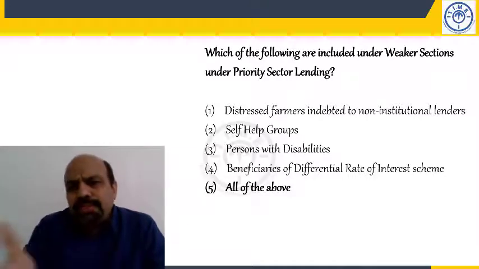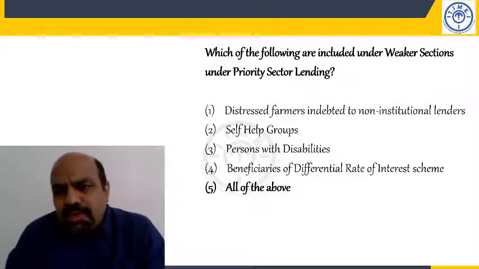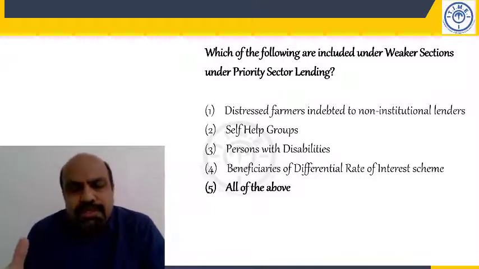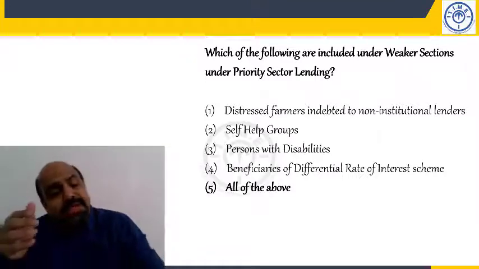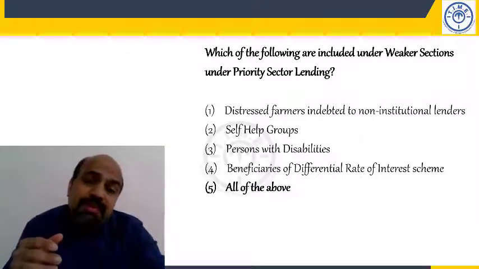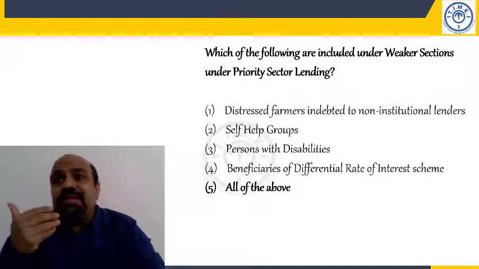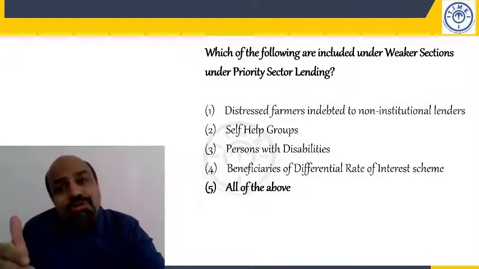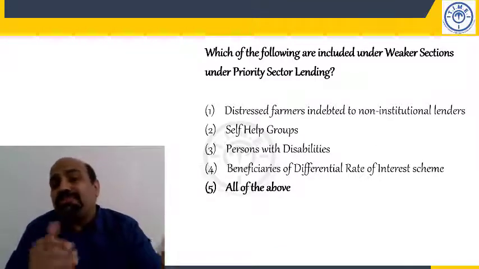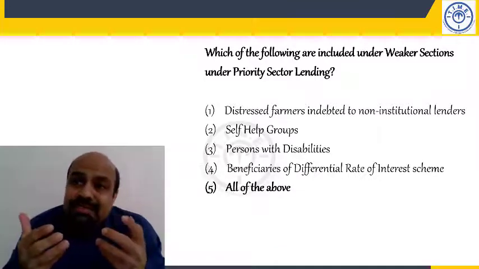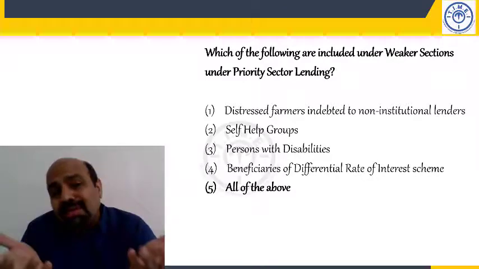So you see this here: distressed farmers who are indebted to non-institutional lenders, self-help groups, persons with disabilities, and this is a major issue in India. Persons with disabilities in India, India is not good. We as a society are not kind to people who have disabilities, especially physical disability. It is one notch below mental disability.